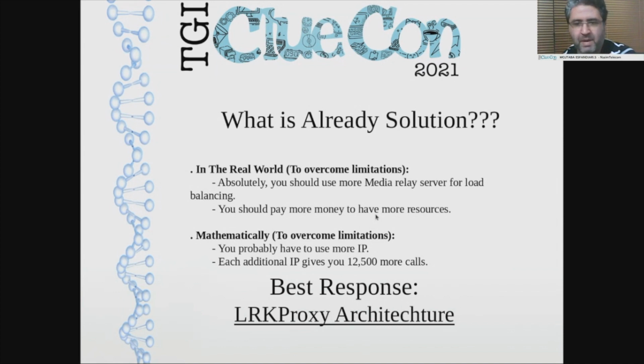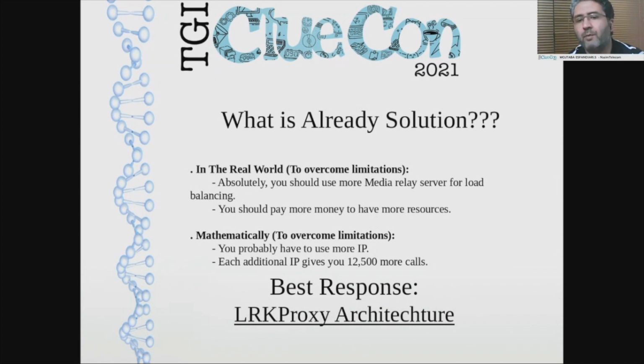You can probably use the dispatcher module in Kamailio for load balancing in your network. Absolutely, you should pay more money to have more resources and servers, and establish a new instance of a media relay server in your network for having more RTP session relay.